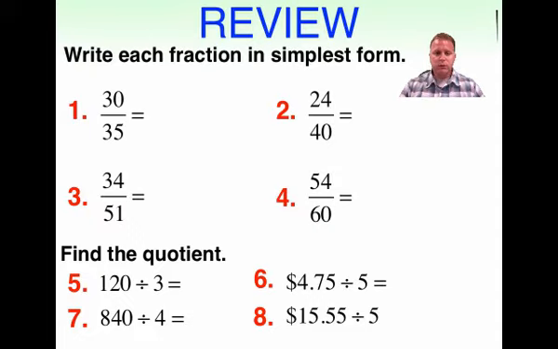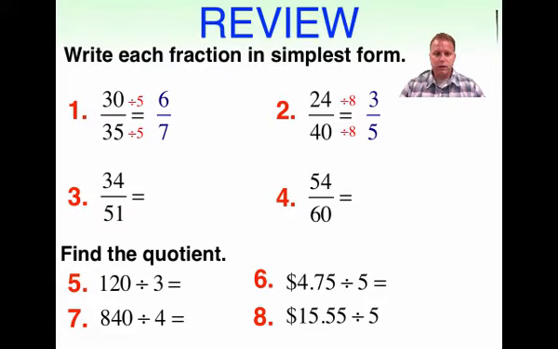Okay, so for number 1, we're going to divide the top and the bottom by the same number, and that will give us 6/7. So for number 2, what did you divide by? You could divide by 2, but then you're going to have to keep going. So our best bet is to divide by 8 on the top and bottom, and that would give us 3/5.